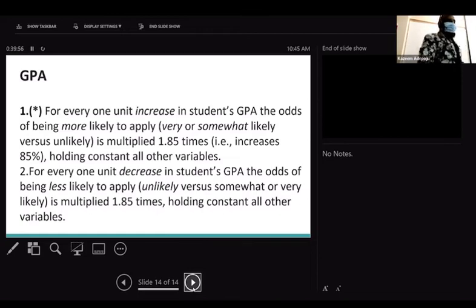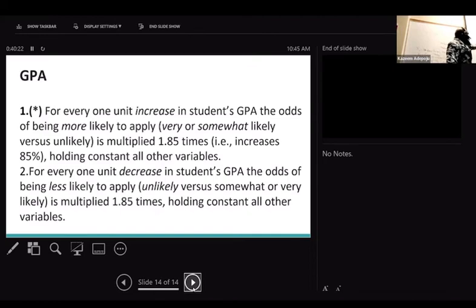If I do a unit increase, when I talk about more, I'm going to go from very likely or somewhat likely versus unlikely. If I want to start from the decrease, then I'm going to use the word less, and I'm going to start from unlikely versus very likely or somewhat likely.